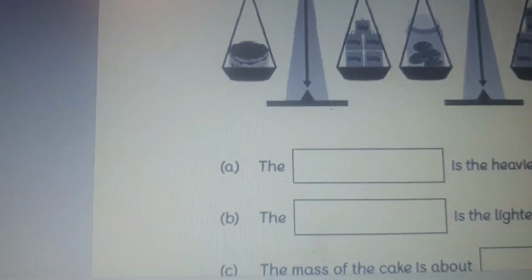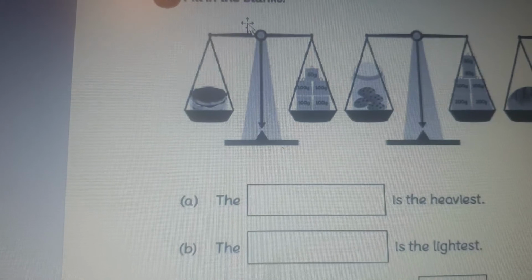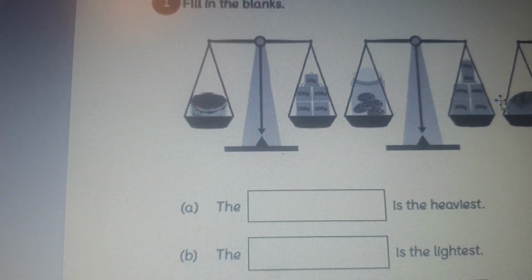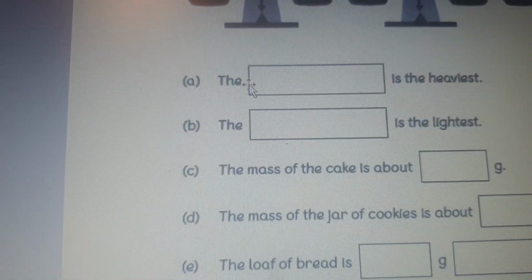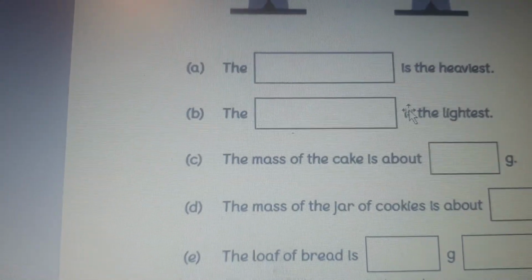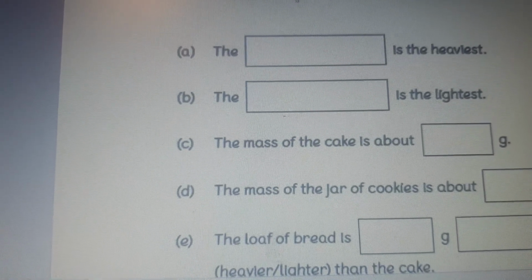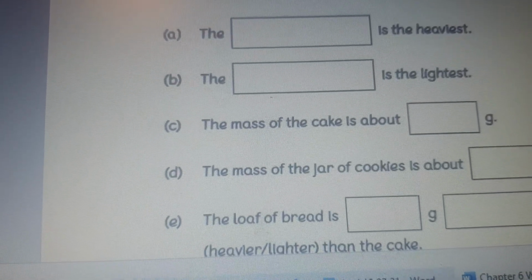So once you've got all that, you need to work out which is the heaviest. So title that maybe, or you just say, is it the cake, the cookies, or the bread? And then, what is the lightest? The mass of the cake is about what? The mass of the jar of cookies is what?